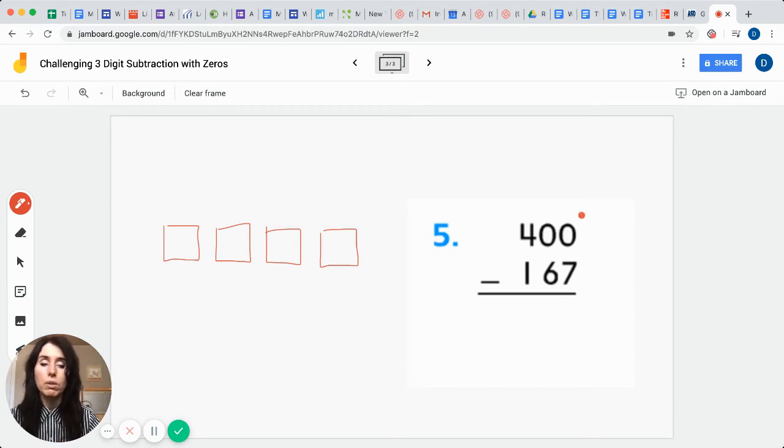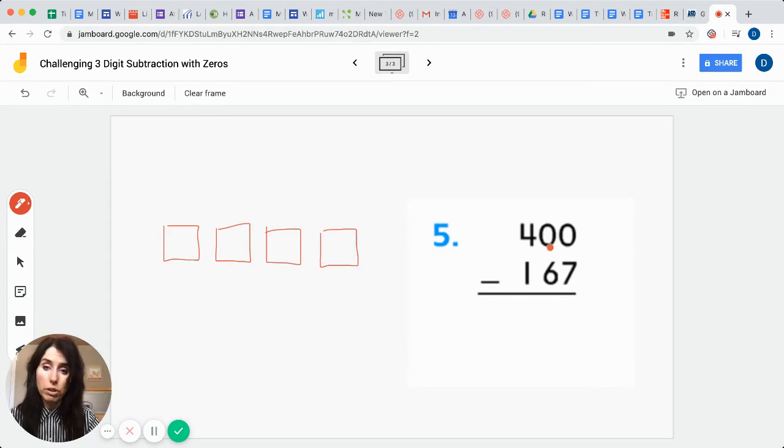We come over to the ones place and we say our little think aloud together. I have 0 cubes. My brother wants 7. Can I give him 7 if I have 0? And the answer is no. So what are you going to do? Go to the next door neighbor and see if they can help you. So you go to the next door neighbor and knock on their door and you say, hi, do you have any flats that you can give me?